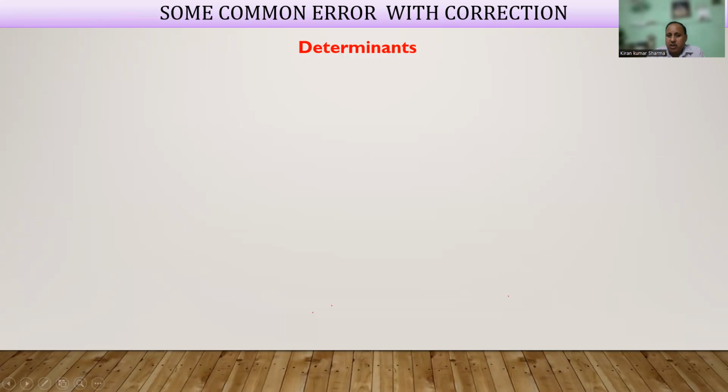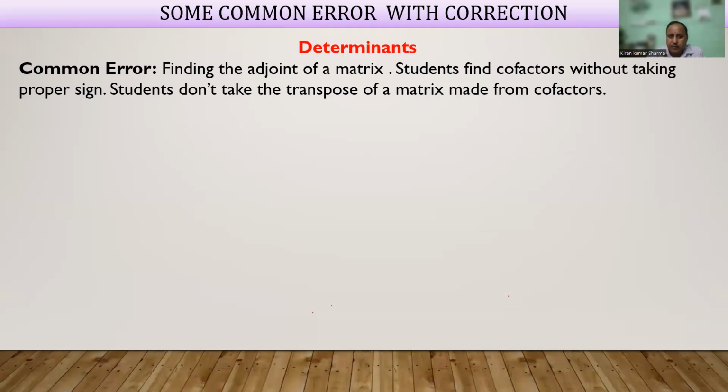Now see the error in determinants. Common error: finding the adjoint of a matrix. Students find the cofactor without taking the proper sign. Students don't take the transpose of the matrix made from the cofactors.